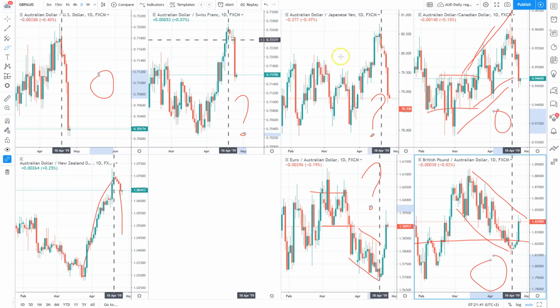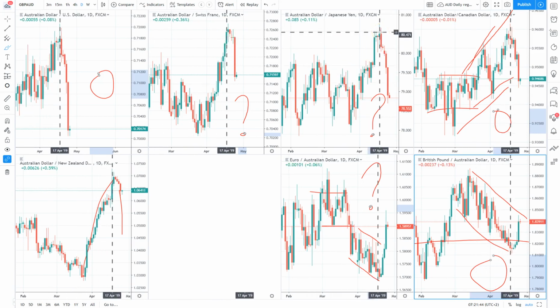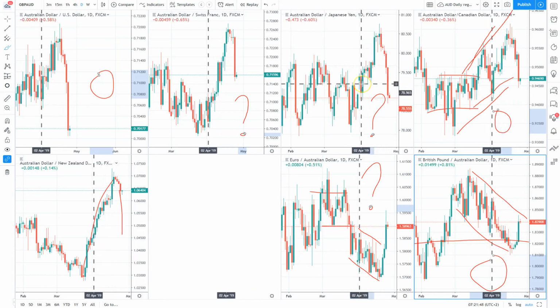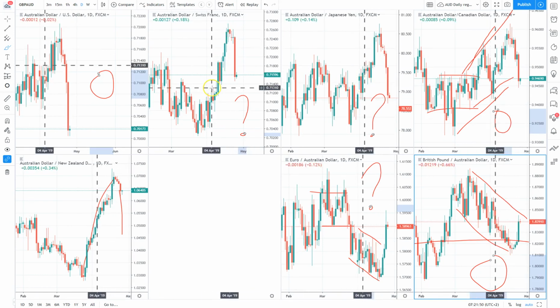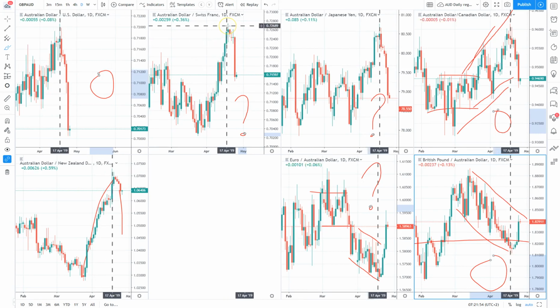That happened here and here as well. So when I see something like this in particular on Aussie Yen and Aussie Swiss franc, I know something's going to happen. This is not going to go up like this forever, especially on these higher time frames like the daily. It might go up for a little bit, but definitely not forever.